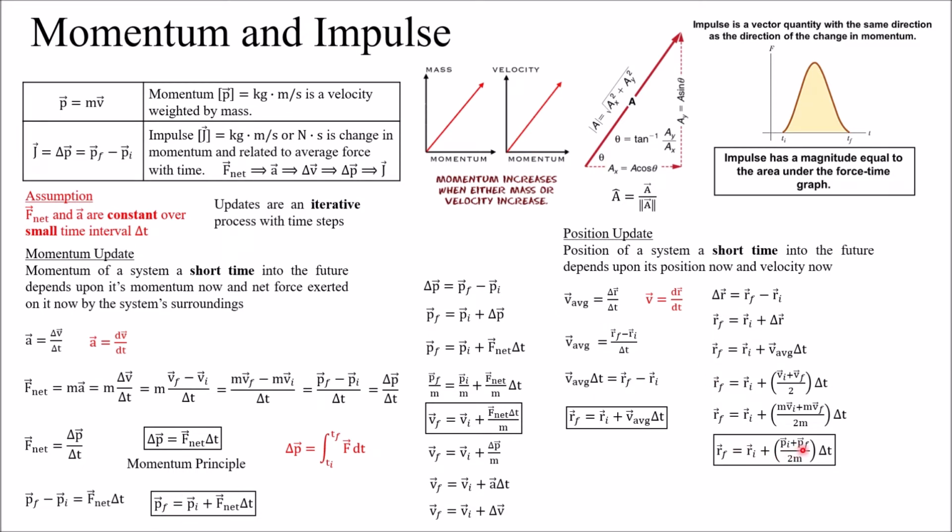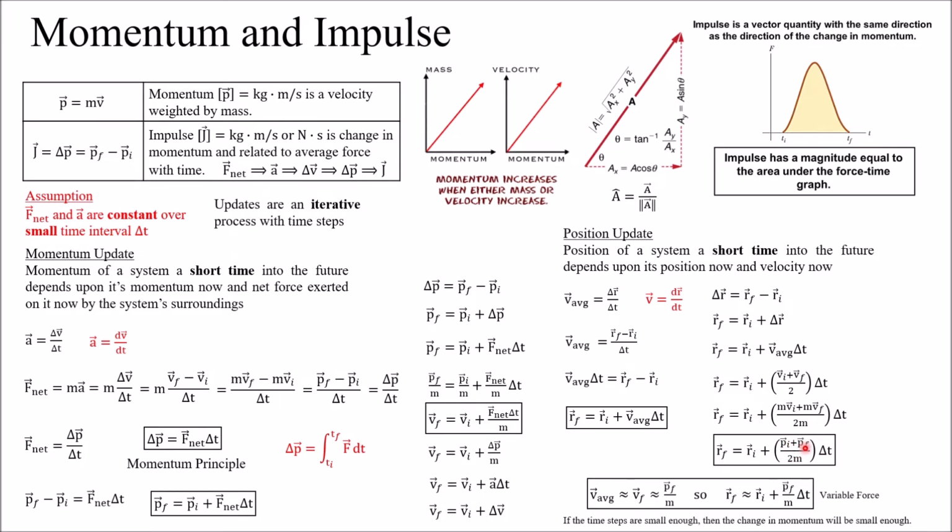And what makes it even easier, which we're going to find, is when we have a variable force, instead of writing it as an average of the initial and final momentum, we can make the approximation that this average velocity is pretty much dependent on the final velocity if the time steps are small enough with a variable force. And so what we can then do is rewrite this as the final momentum over mass with this approximation for a variable force.